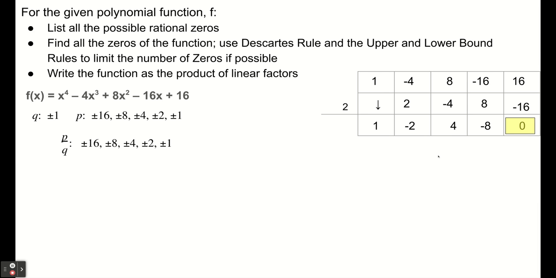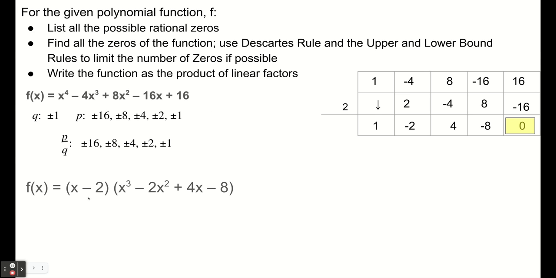What does that mean? That means this function will pass through the x-axis at 2. That means that x minus 2 is a factor of this original polynomial expression. Because of that, we're going to rewrite the original expression in factored form. The only linear factor I know so far is x minus 2.